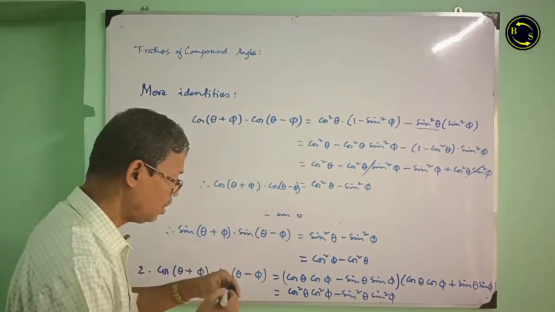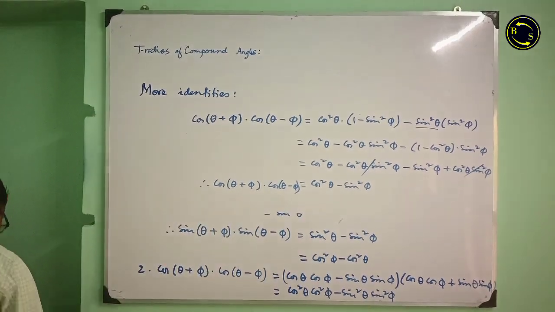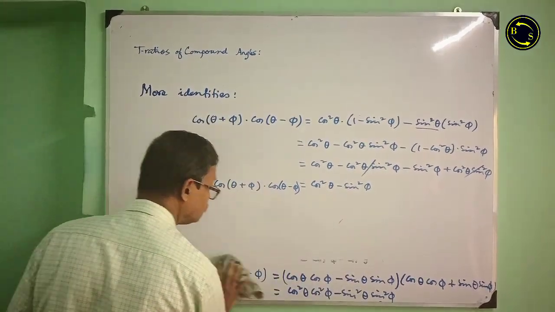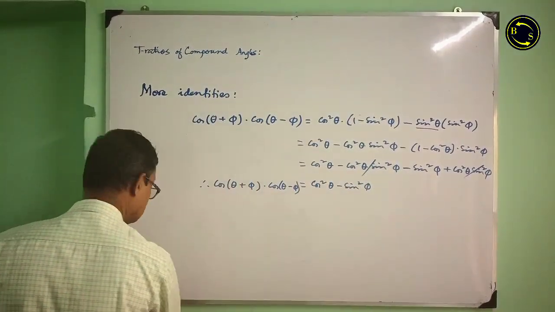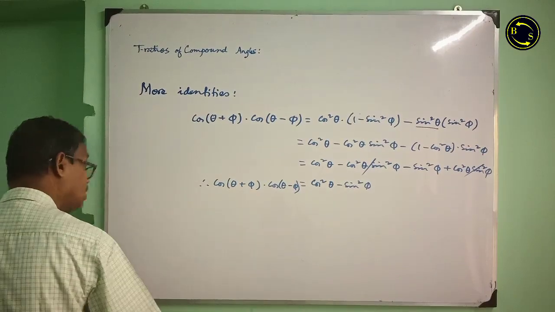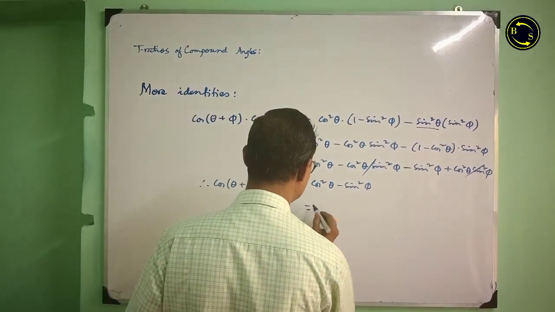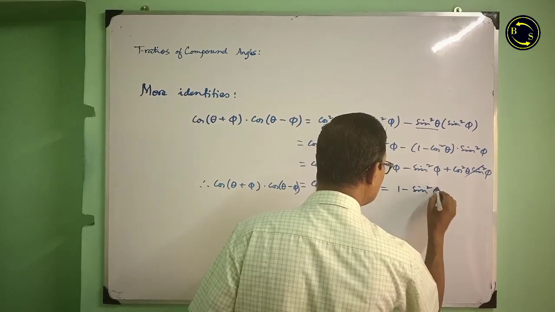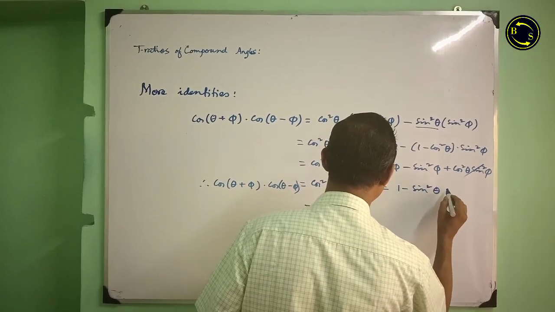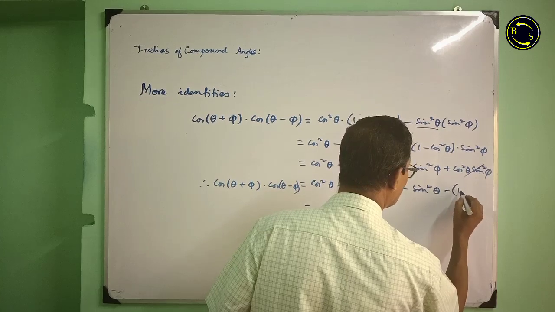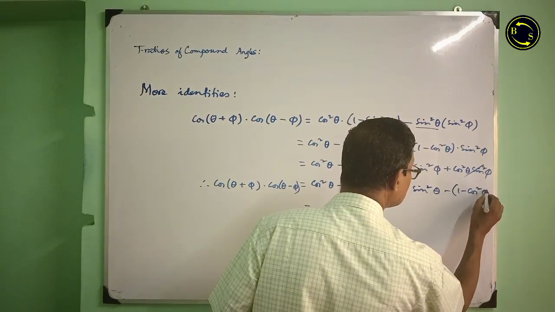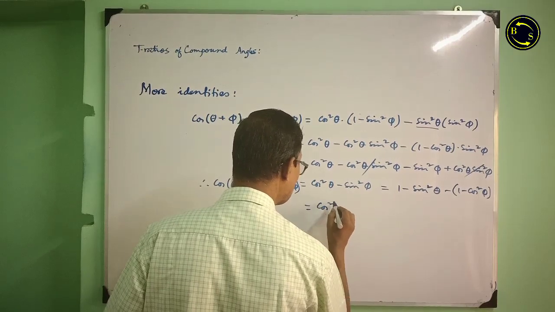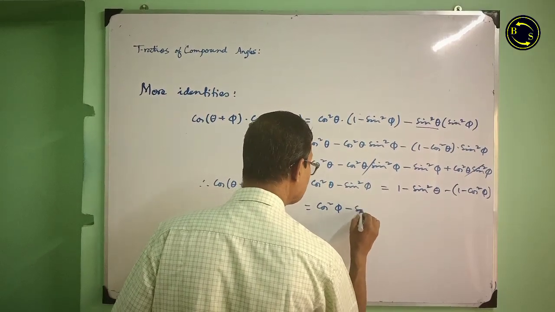Now replacing cos square theta by 1 minus sin square theta, 1 minus sin square theta minus 1 minus cos square phi. On simplification we shall get cos square phi minus sin square theta.